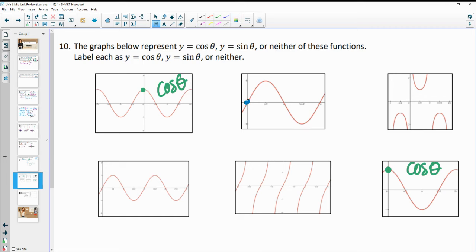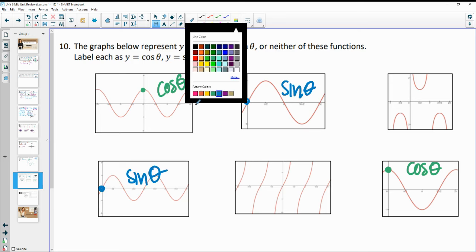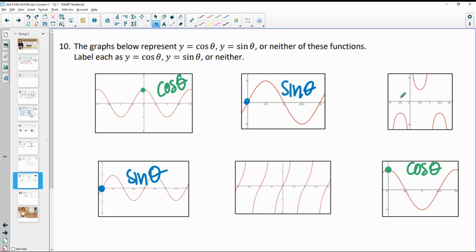Sine starts at 0 and does these kind of hills and valleys. So this one is sine. This one is starting at 0, so this one is sine. So that leaves these ones as neither, since they do not look like either the sine or the cosine function.